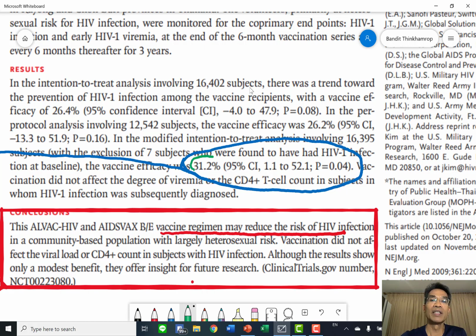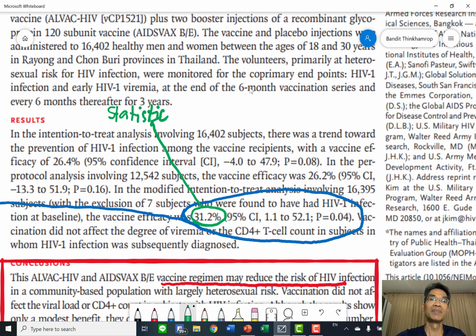So by what I said, the magnitude of effect, there are two components. The first one is called statistics, obtained from the sample.